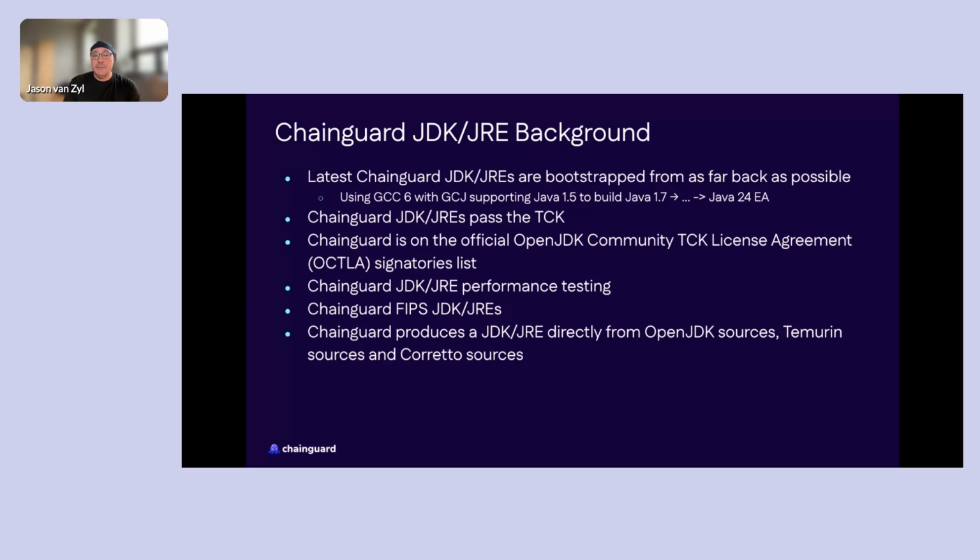We actually took GCC version 6, or branch of version 6. There was a lot of patches that we had to make in order for us to use GCC in a mode with Java 1.5 in order to build Java 1.7. From Java 1.7, we went through the entire chain building 1.7 to build 1.8, 1.8 to build Java 9, 9 to 10.